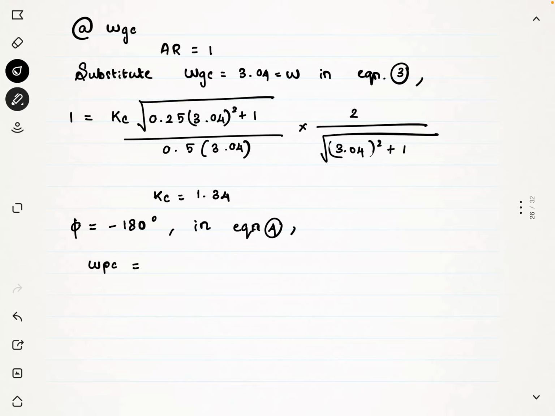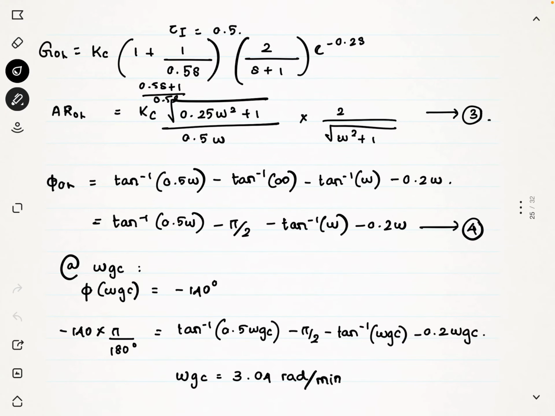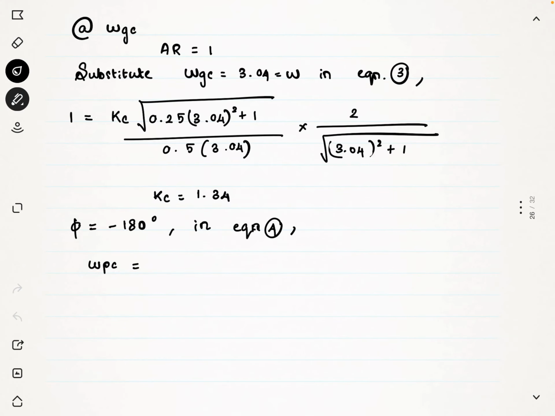Omega is the only variable, and if we solve, we get omega pc, the phase crossover frequency, is equal to 7.19 radians per minute.